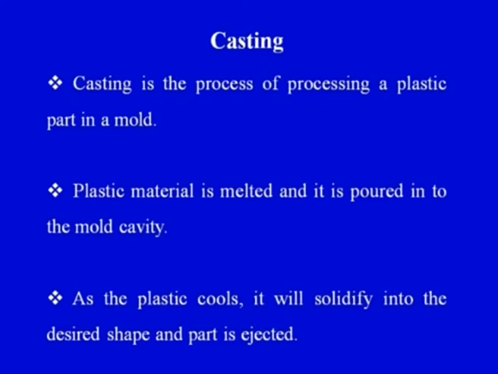Third is as the plastic cools it will solidify into the desired shape and the part is ejected. Again the HFC is coming into picture, that is the heating. Plastic material is melted, it means it is heated and it is poured into the mold cavity, and the plastic will take the shape of the mold, that is it is getting formed.